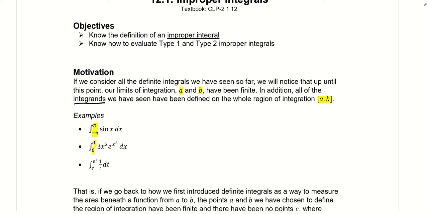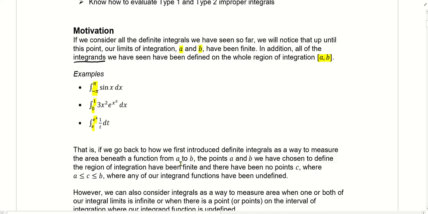Our limits of integration are finite, and our integrand, this function, is defined for all values of x between 0 and 1. Or something like this, integrating 1 over t with respect to t. Our limits of integration, e and e to the fourth, are both finite, and our integrand, 1 over t, is defined for all values of t between e and e to the fourth.